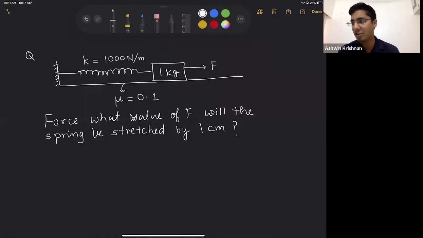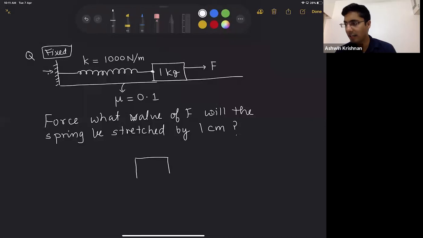The fixed end is this, obviously, right? This is the fixed end. Okay, again, pretty simple. If you look at this, you basically have a 1 kg body. 10 Newton is the weight, which means normal reaction is also 10 Newton.